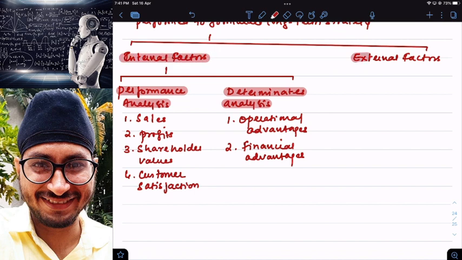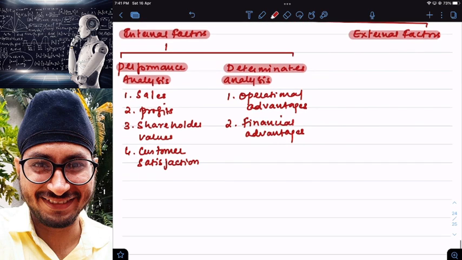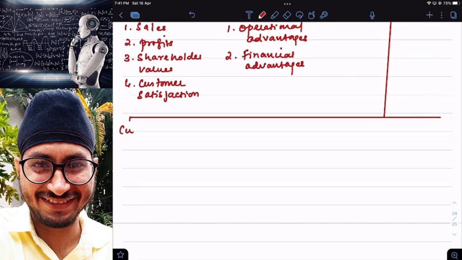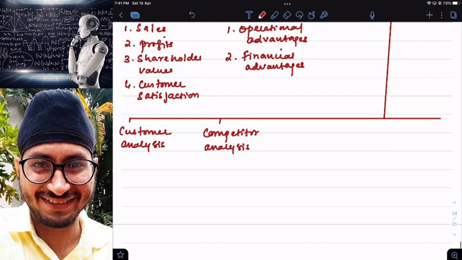Then we have external factors. We can divide external factors into four parts. First is customer analysis, second is competitor analysis, third is market analysis, and fourth, the last one, is environment analysis.